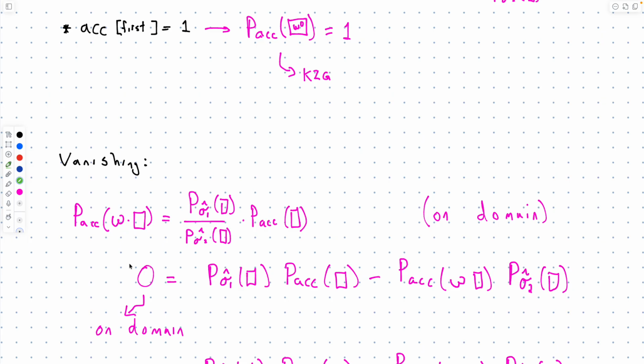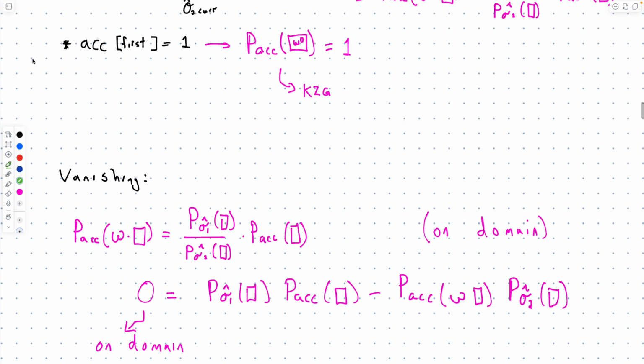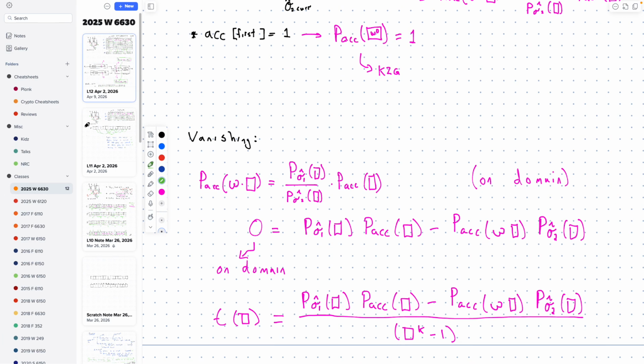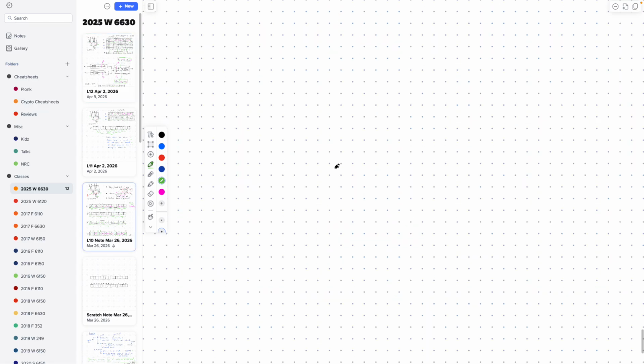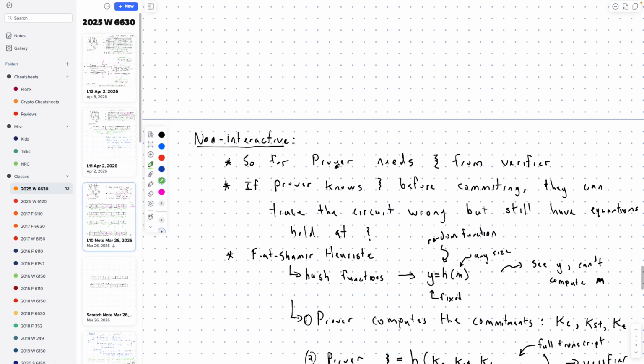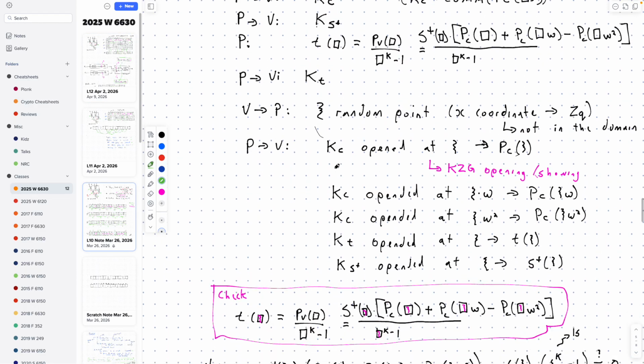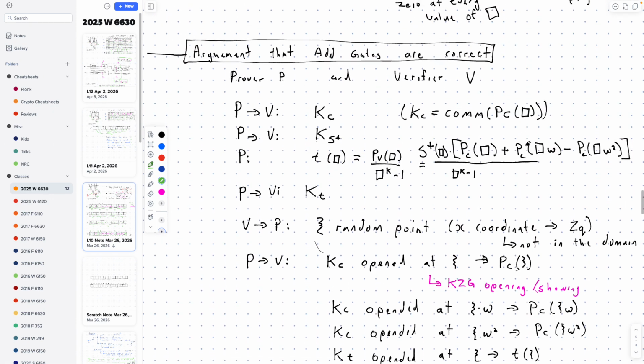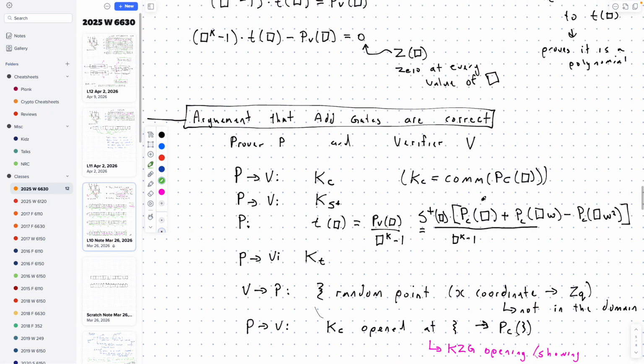Okay, what's the word that we use for a polynomial that's 0 everywhere on the domain? A vanishing polynomial. So what I want to do is prove that this vanishes. We've done this before. Before, when we looked at the add gates, we also had a polynomial that should vanish.